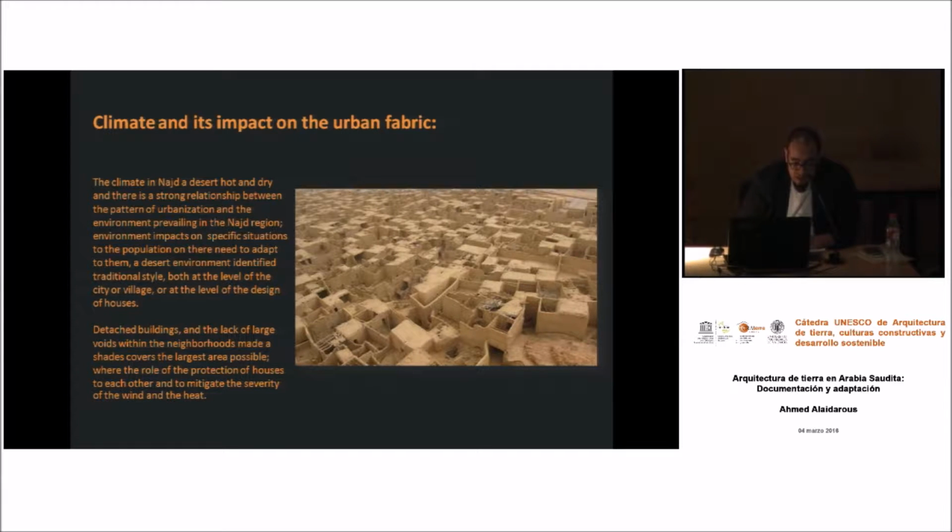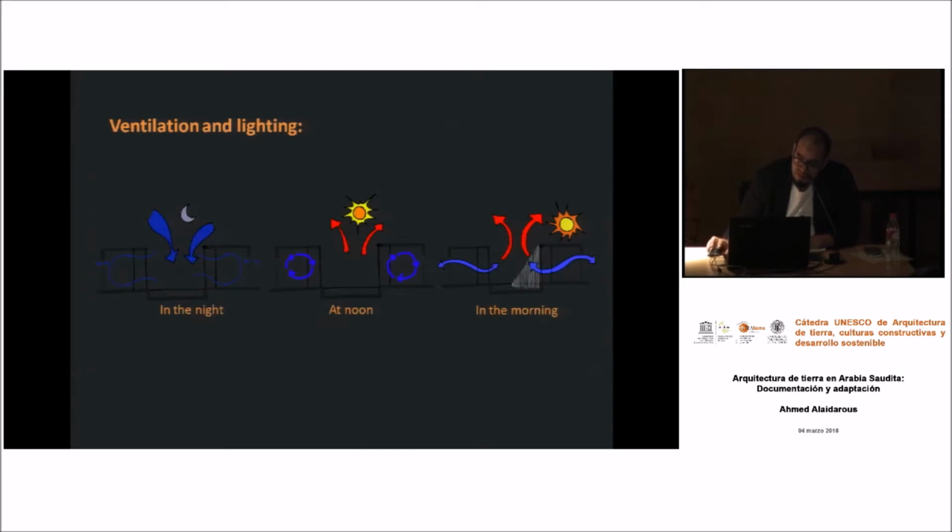Okay, and moreover, the ventilation and lighting. So the main concept of the houses in Najd has an interior courtyard. So during the night, the cool air comes in, and in the morning, the cool air pushes the hot air. So that's a kind of adaptation.